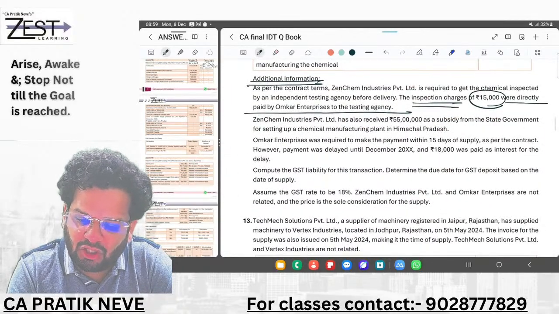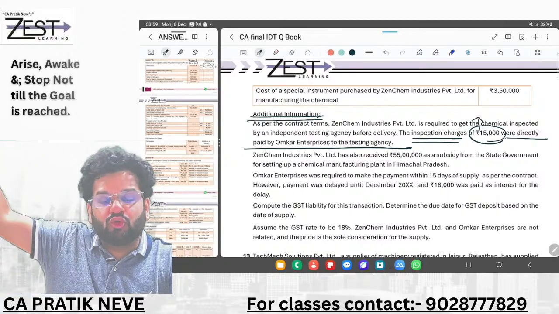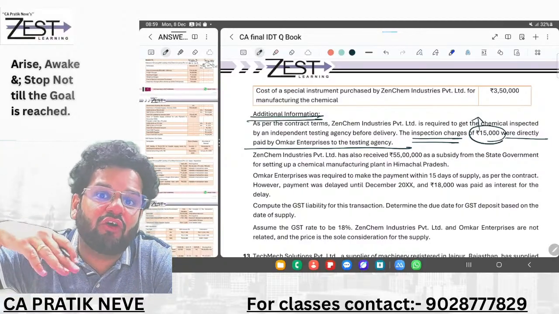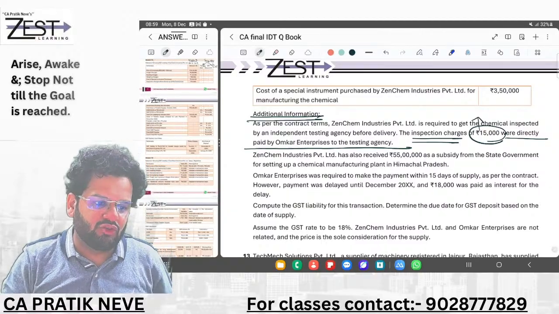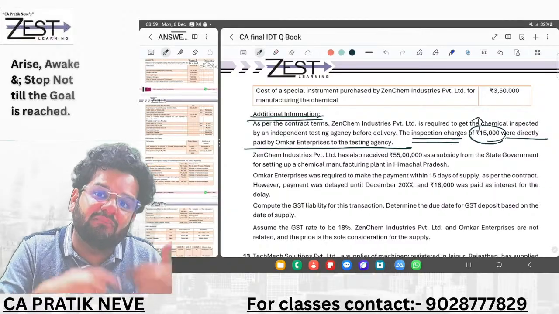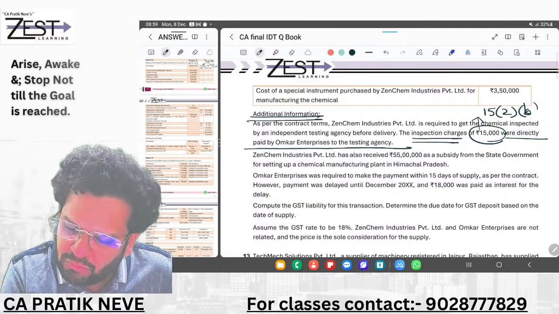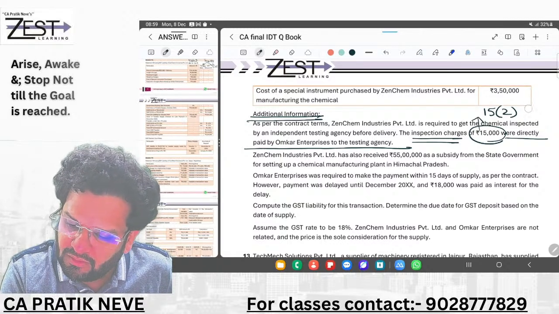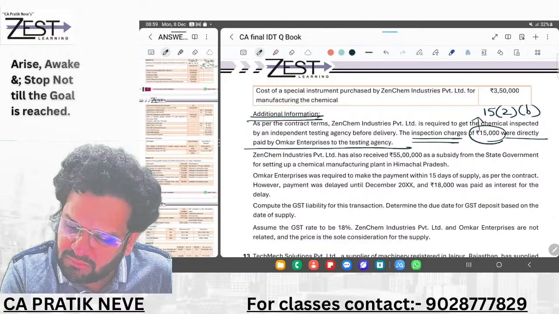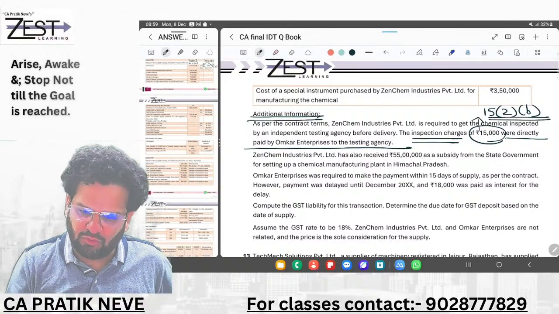So the recipient of supply has directly paid 15,000 to a third party on behalf of the supplier. Any expense incurred by the recipient of supply on behalf of the supplier would be included, as I discussed with you some minutes back. So please include it.